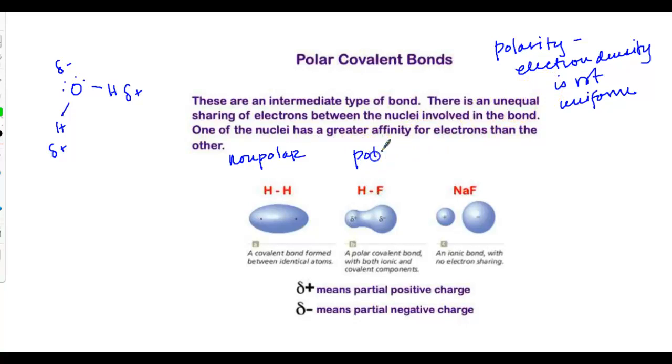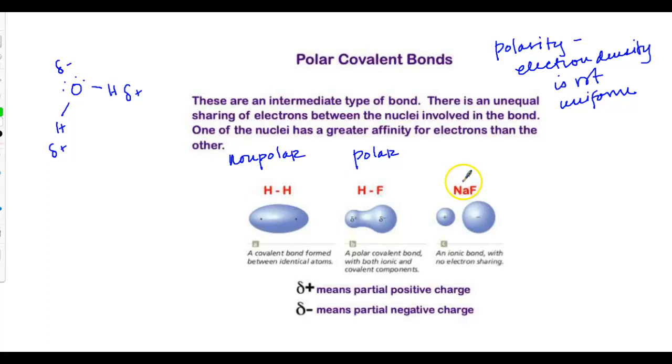Polar covalent bonds do not have a uniform electron density. I think I've used hydrogen fluoride as an example in the past. Fluorine, being the most electronegative element, is going to attract more of that electron density towards its side of the molecule. So you can see, I know it's kind of tiny, lowercase delta minus on the fluorine side and lowercase delta plus on the hydrogen side.